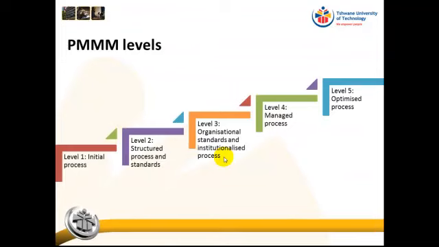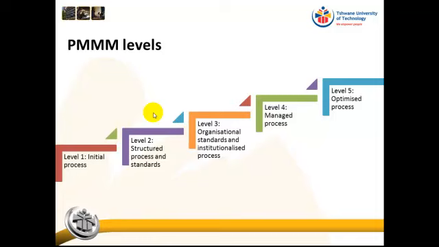So here are the levels. How a maturity model works is it says that we would like to get to level 5, for example, but before we can get to level 5, we need to understand where we are.